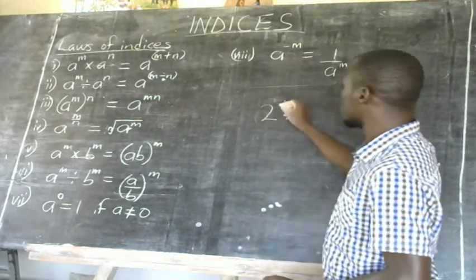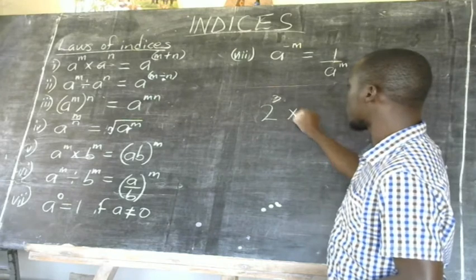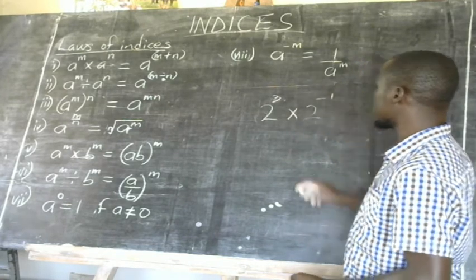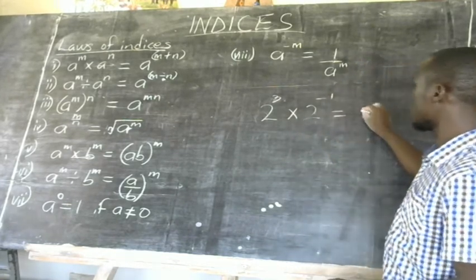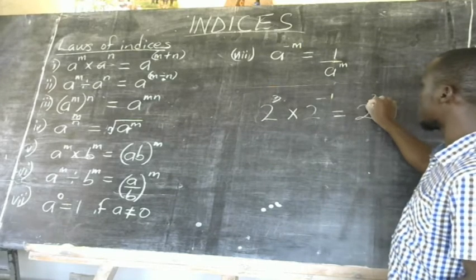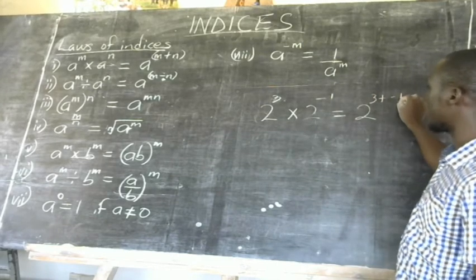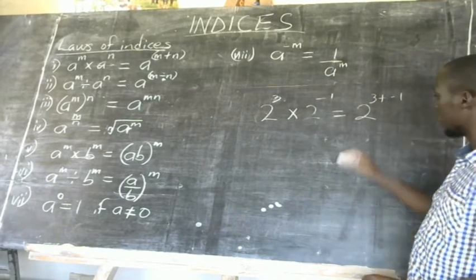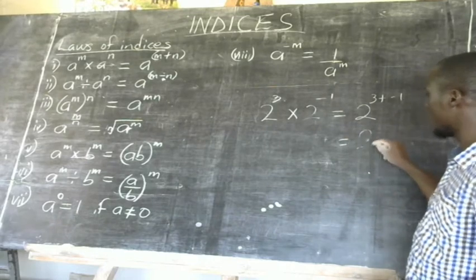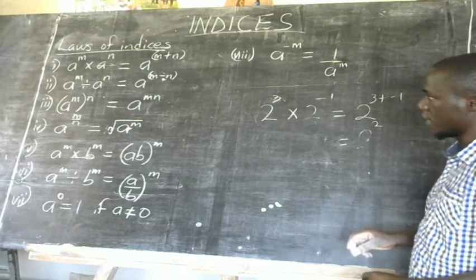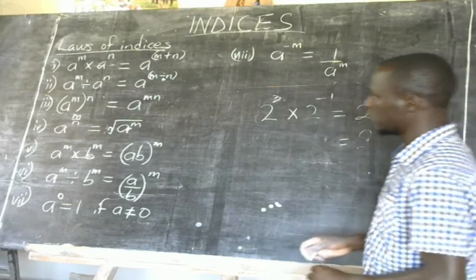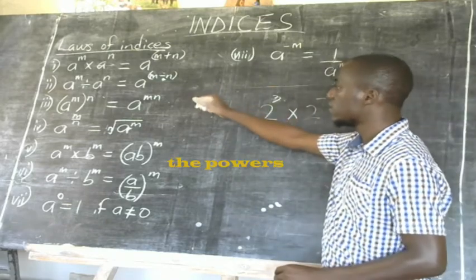That is, if it is 2 power 3, then times 2 power negative 1, we keep the base and then we add the powers there, such that I have 2 power 2 finally. If it is division, we subtract.